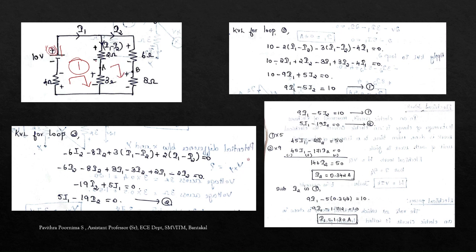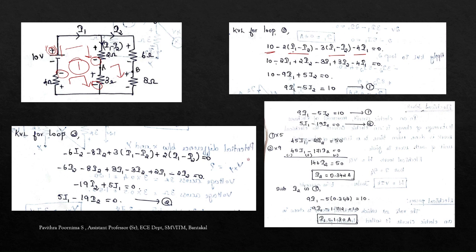So in the first loop, the second sign is plus here, and when I travel through this 2 ohm, the second polarity is minus, and through the 3 ohm it is minus, and through the 4 ohm it is minus. So my equation comes as 10 minus 2 into (I1 minus I2), minus 3 into (I1 minus I2), minus 4 into I1 equal to 0.